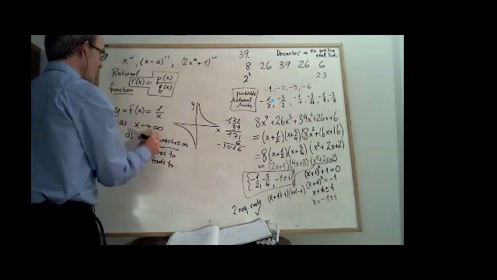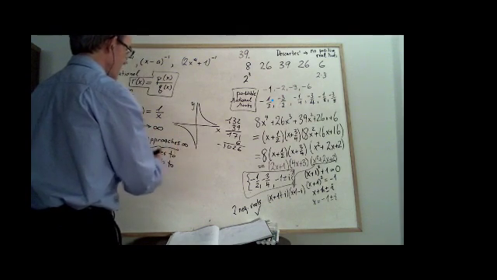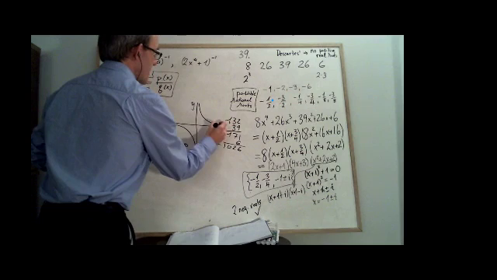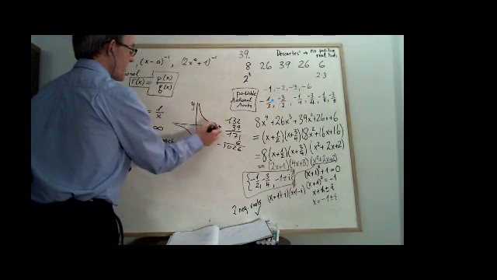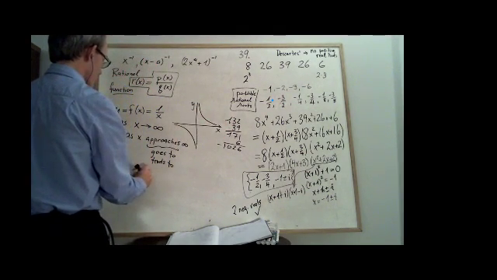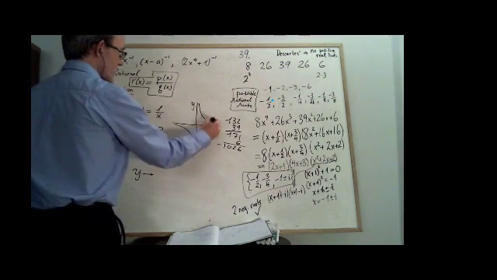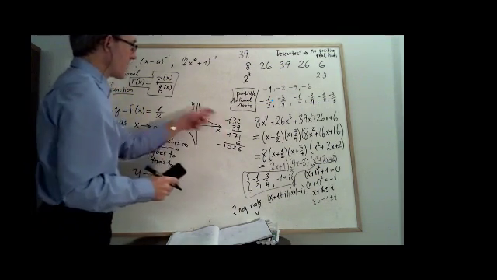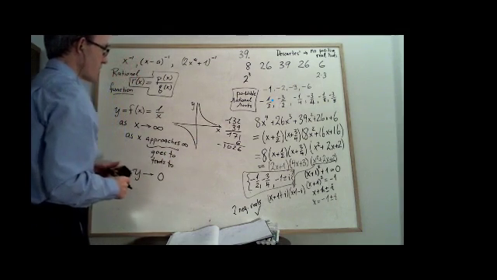So this arrow means literally approaches or goes to or tends to. So as x goes to infinity, y goes to what value? Y approaches 0. Right? As x gets bigger and bigger, y gets smaller and smaller and tends towards 0.